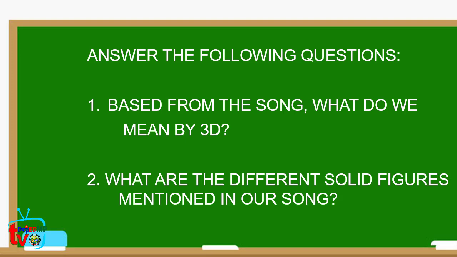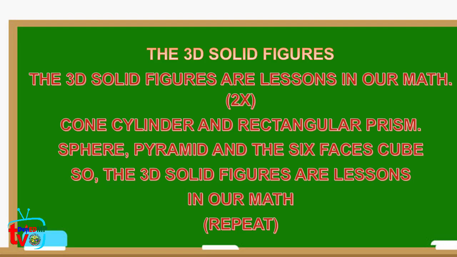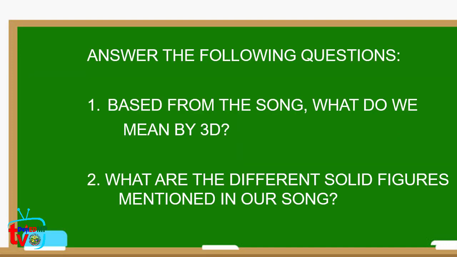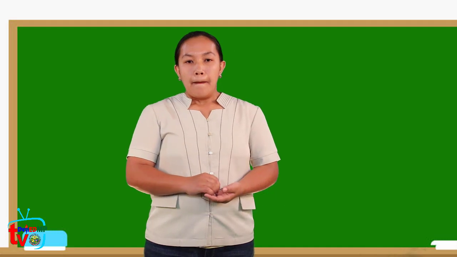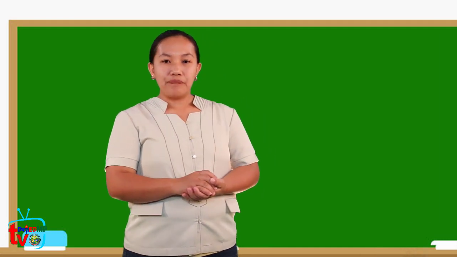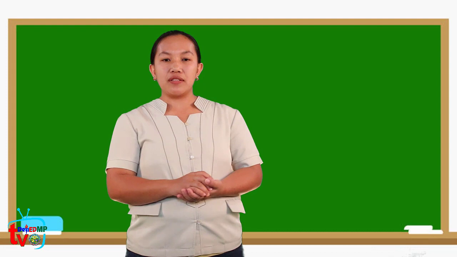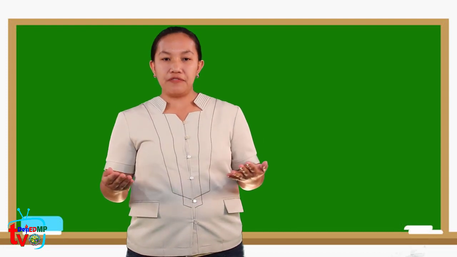The different solid figures mentioned in our song are cone, cylinder, rectangular prism, sphere, pyramid, and cube. Now, let's study deeper about the so-called solid figures.